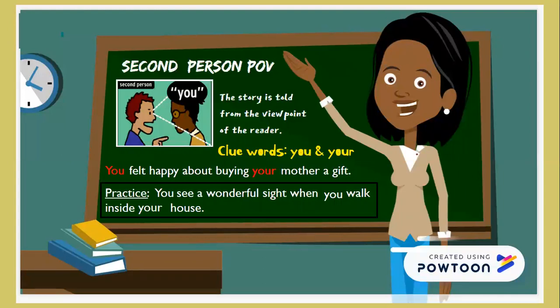Now, look at the practice sentence. I'm going to read it to you. You see a wonderful sight when you walk inside your house. Take a few minutes to see if you can identify the clue words to help you determine that this is written in the second person's point of view.